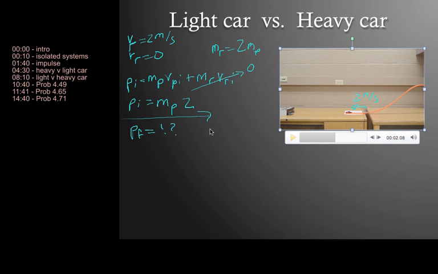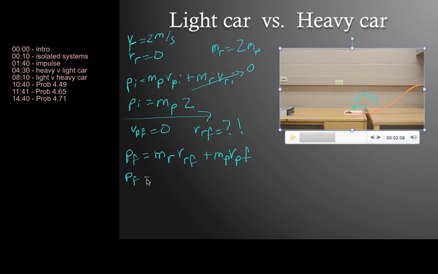And now let's consider what we need to know to find the final momentum. So here we have v purple final is 0, and v red final is something that we want to find out. So our final momentum is going to be m red, v red final plus m purple, v purple final.